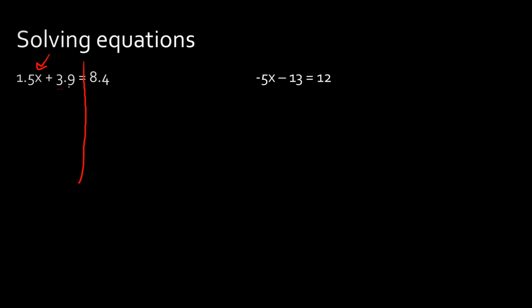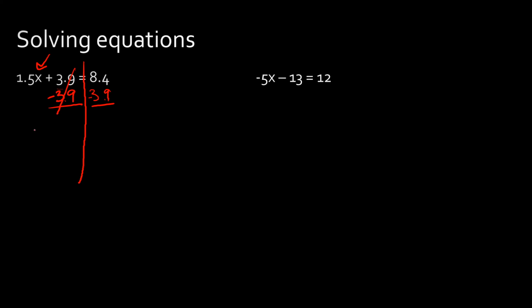And with this 3.9, I see a plus sign in front. So the opposite of adding 3.9 is going to be subtracting 3.9. Now, I'm subtracting 3.9 here, okay? So that means I have to also subtract 3.9 on this side. These two here, if I have 3.9 minus 3.9, that gives me 0, so these cancel.